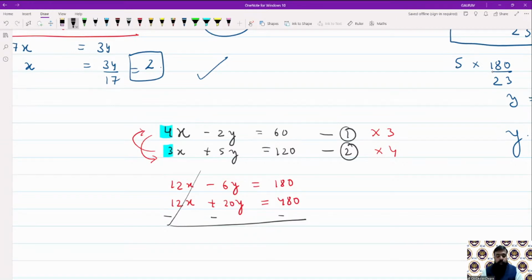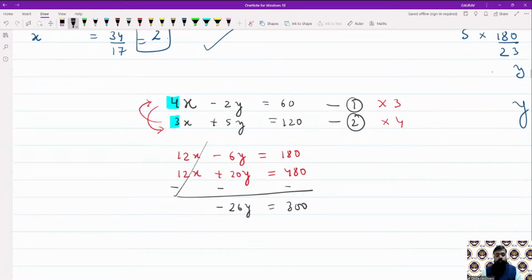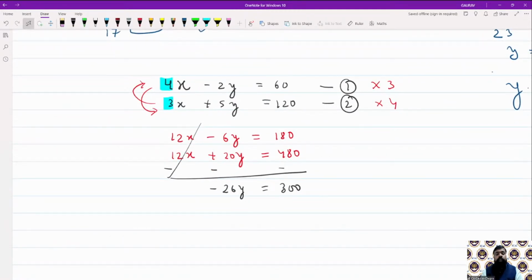What is left? Minus 26y is equal to 300. So the value of y will be 300 upon 26 or 150 by 13.